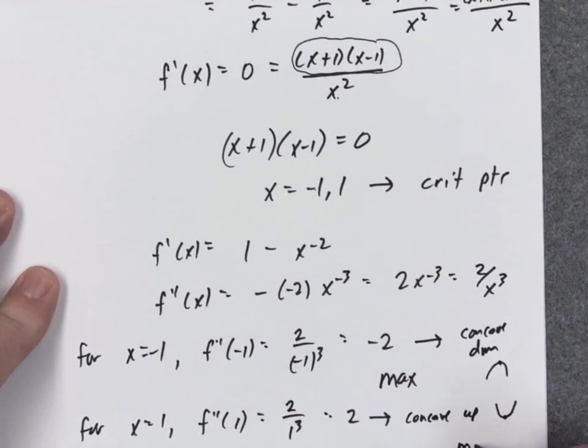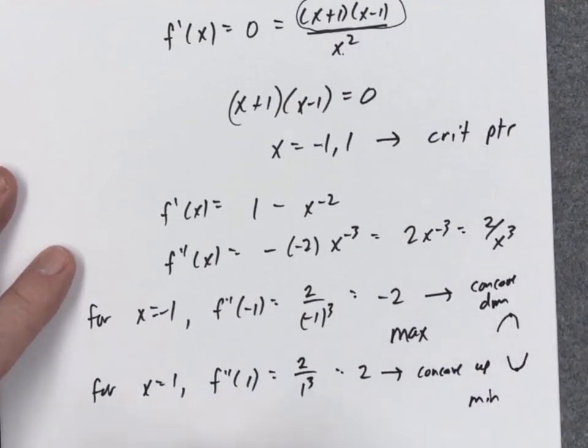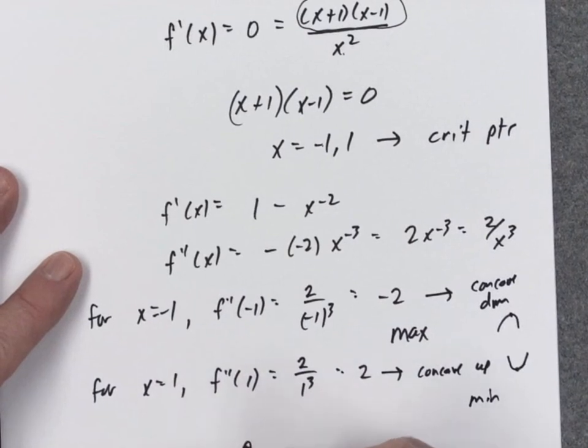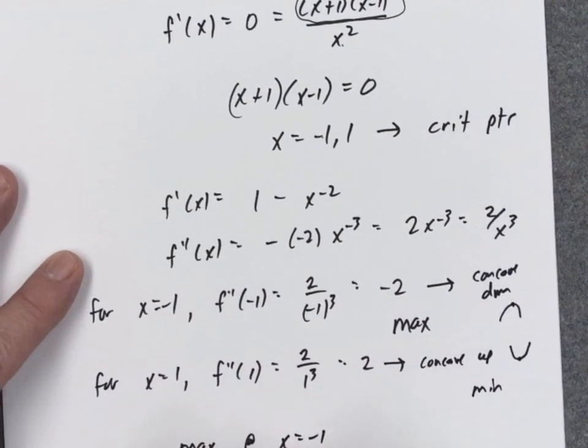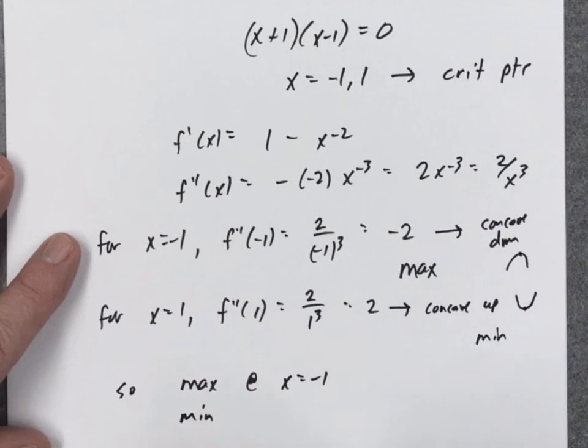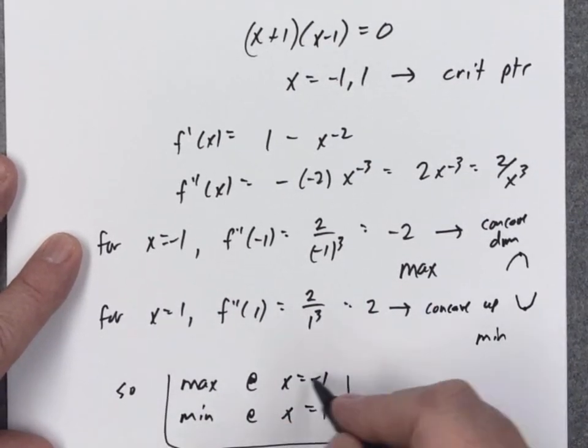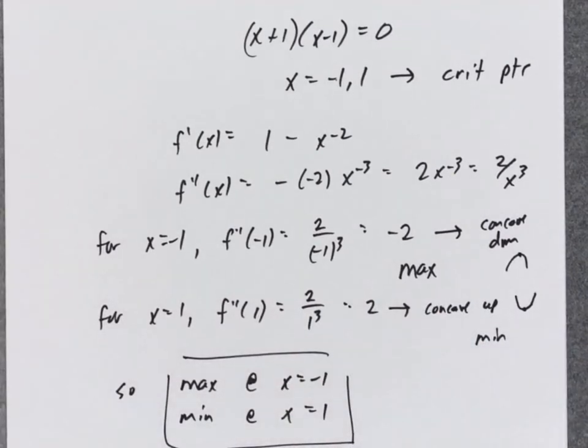It has to have a minimum. So we've got a max at x equals -1 and a minimum at x equals 1. So that's called using the second derivative test to find out whether you have a max or a min.